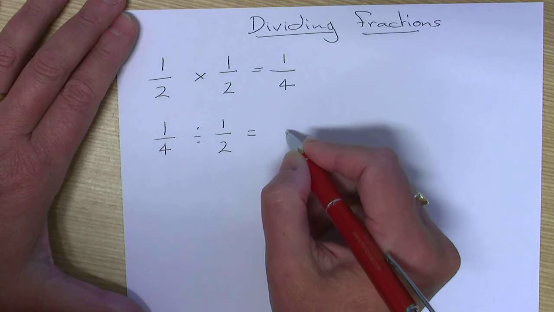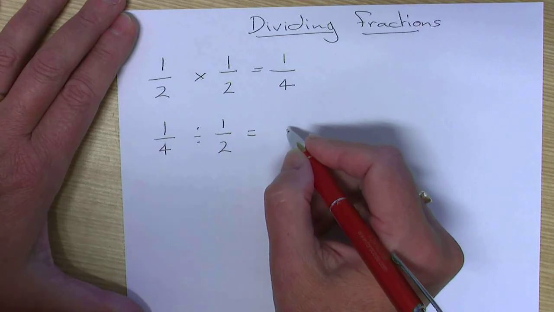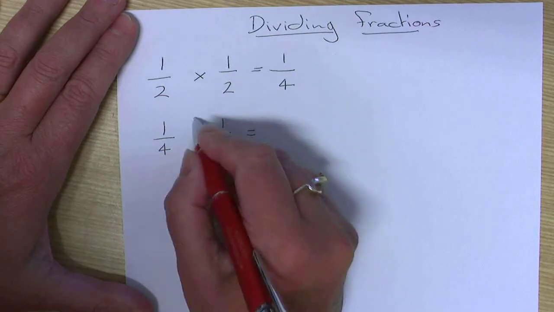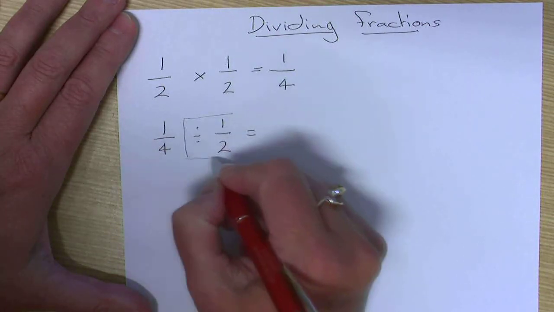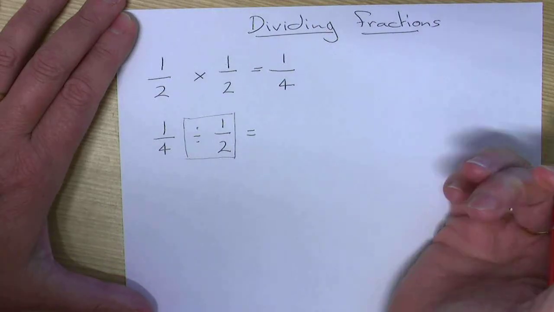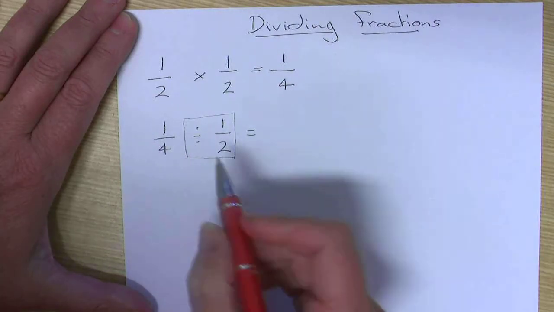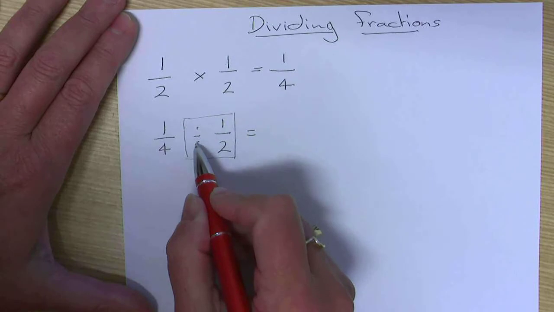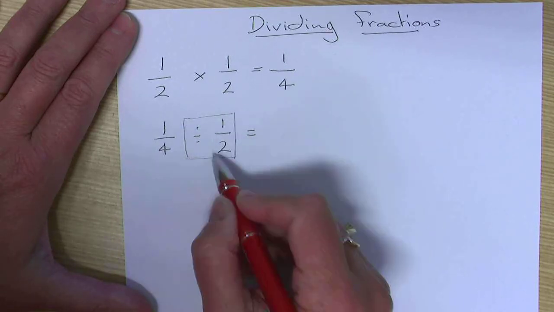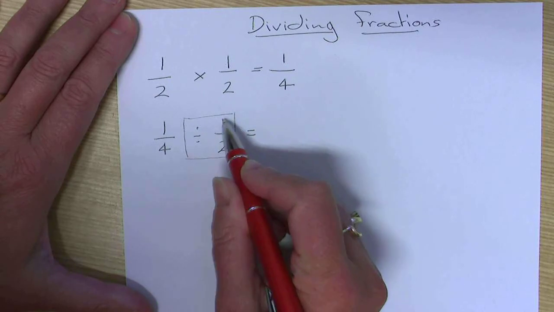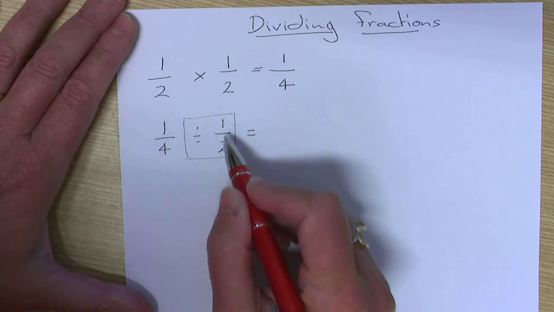But how do we get that? So what we actually do is we take this part here and perform a little manipulation. So the opposite to divide is multiply, and the opposite, or the reciprocal, of a half is 2 over 1.